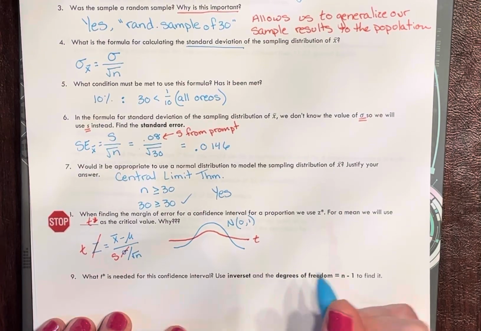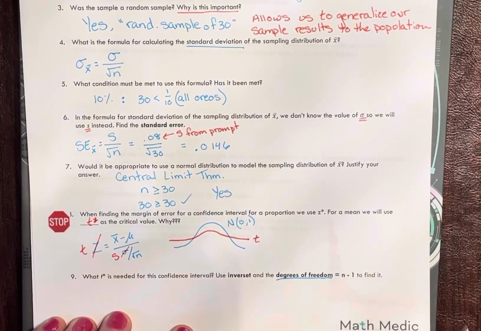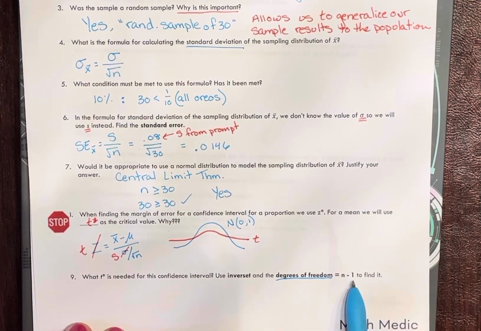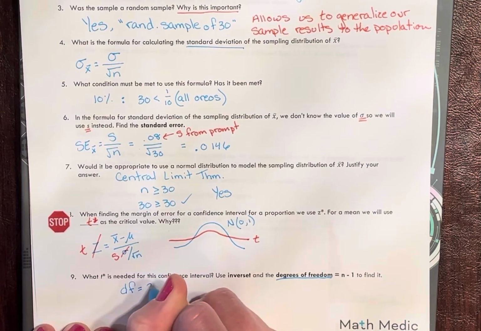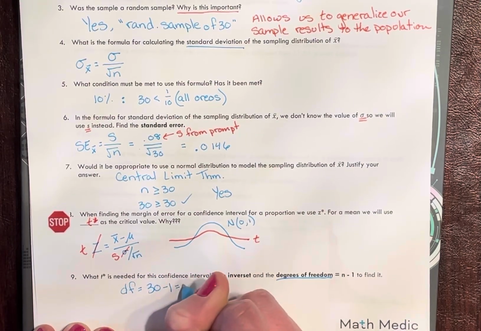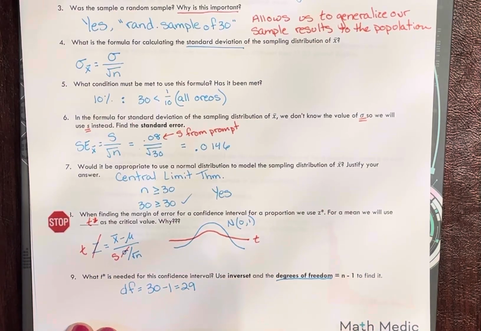So I'm going to use a degree of freedom, which tells me how much wiggle room I want to include in this. My degree of freedom is n minus 1. So in this case, the degree of freedom would be 30 minus 1. I would have 29 degrees of freedom.